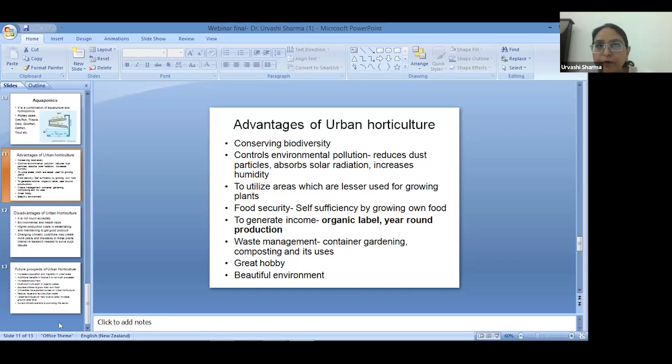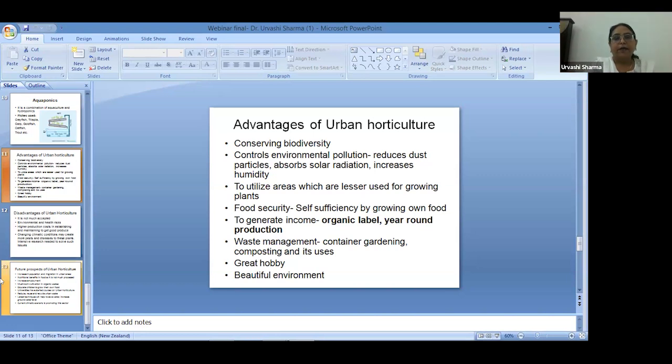Plus, when we are growing plants like trees, it is good for the environment, and we get birds and a biodiversity of different kinds of microorganisms and other organisms. So it helps in that way to conserve our biodiversity. And the buildings and the metropolitan places really need such a concept to be followed.